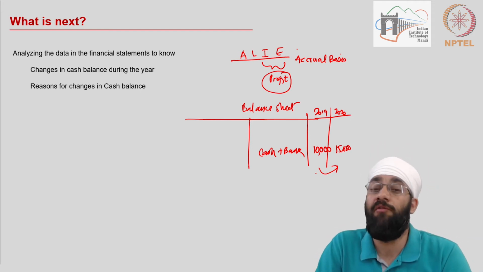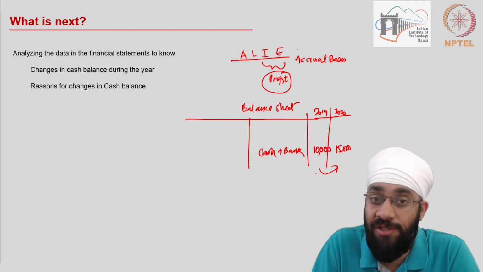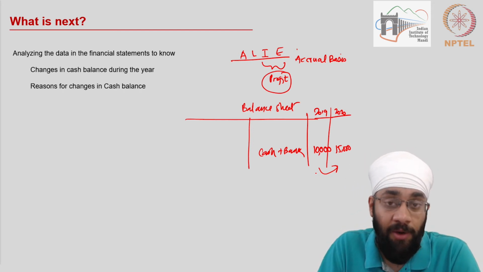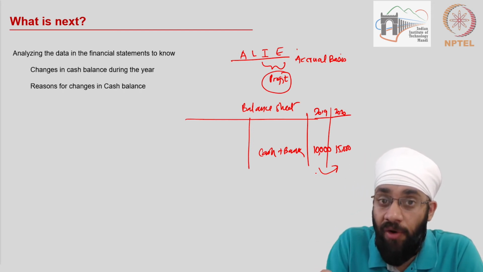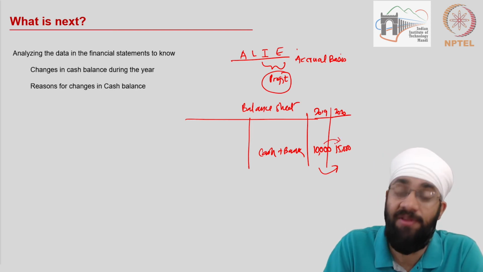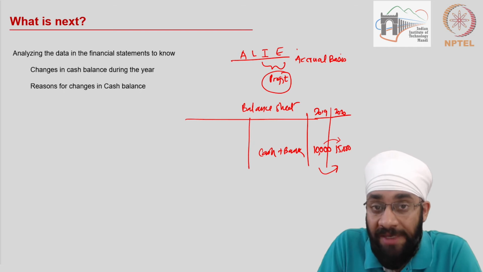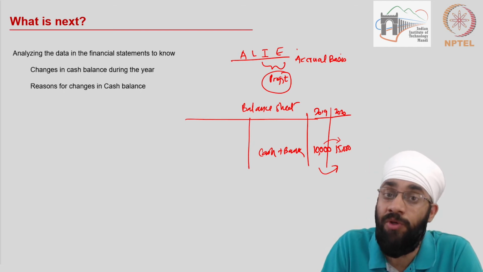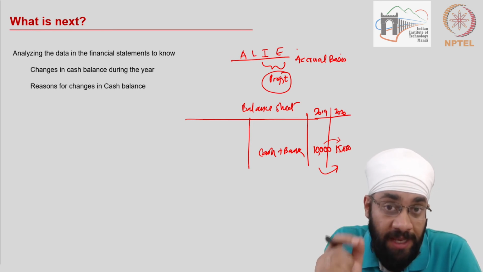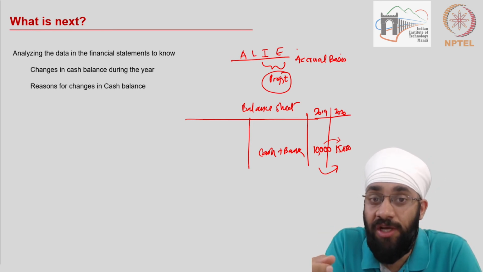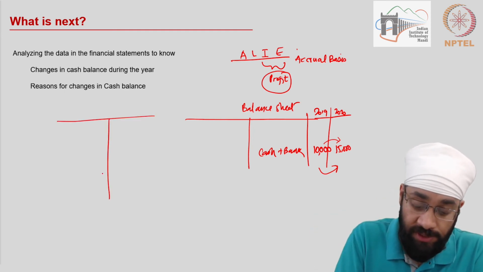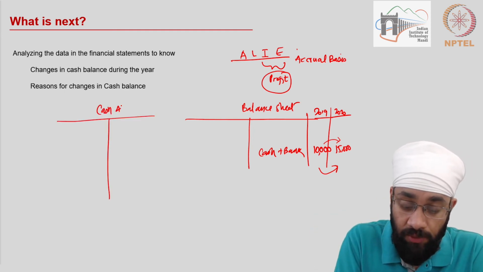Now, during the year, there will be thousands of transactions due to which cash would have come in or gone out. Now, what is the net impact of all those transactions? The net impact is that cash goes up, but you have no detail available as to which activities caused it. Now you could go to the ledger account and look at the cash account and say, these are the items which affected cash. So let's say this is the cash account, the ledger account.